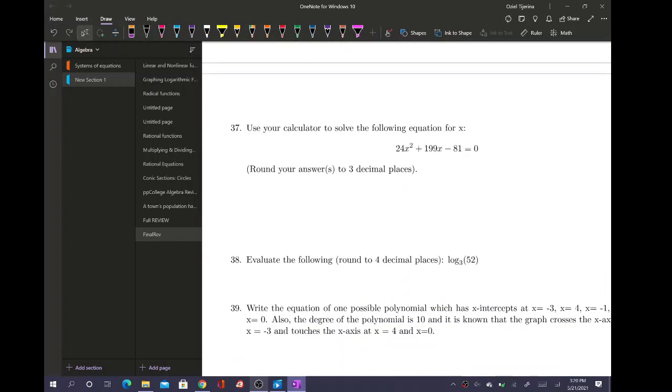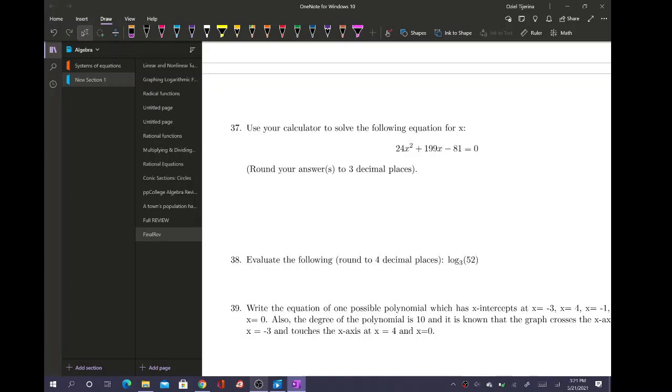Okay, so it says use your calculator to solve the following equation for x. So you're just gonna graph this function in reality, and you're gonna graph this function, and then you're gonna look for the roots. So 24x squared, excuse me. Let me go ahead and graph it. Okay, so then you do the graph entry edit, this is if you have TI Inspire.